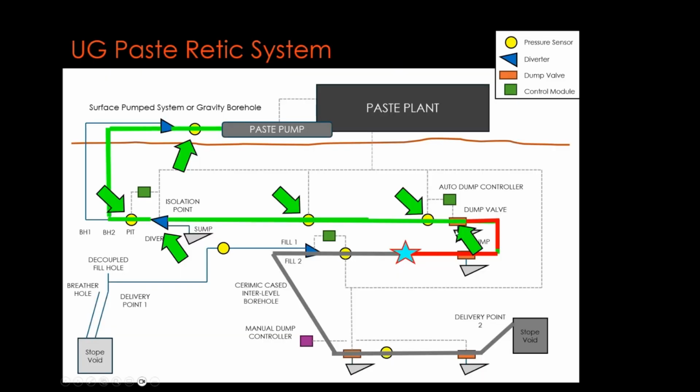So we move down, we've dumped out the paste material from that portion of the system, which then allows more water to be applied to the system. And we progressively work our way down until we identify where the blockage has occurred.